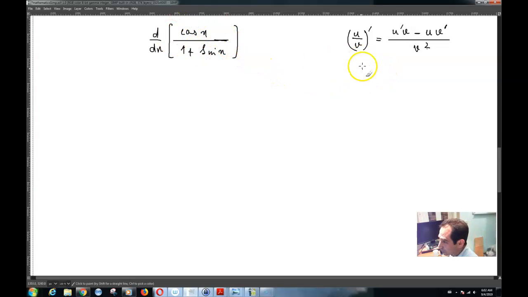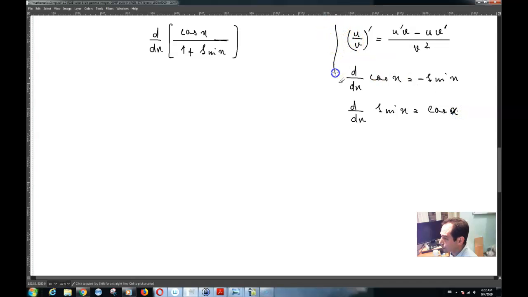And you know that the derivative of cos x is equal to negative sine x, and you know that the derivative of sine x is equal to cos x. Using these you can differentiate this function.